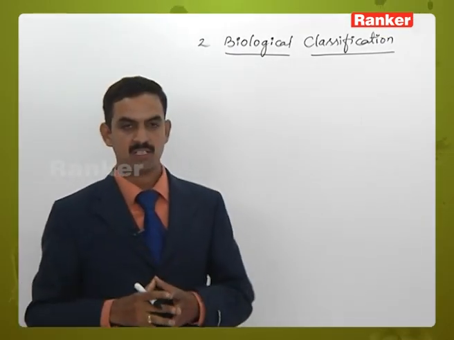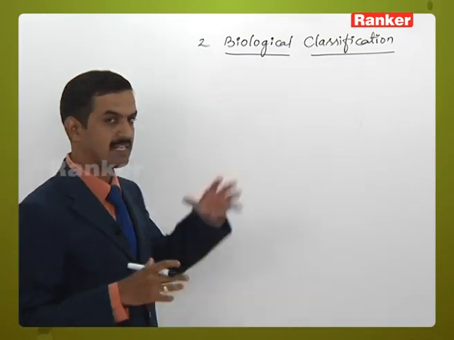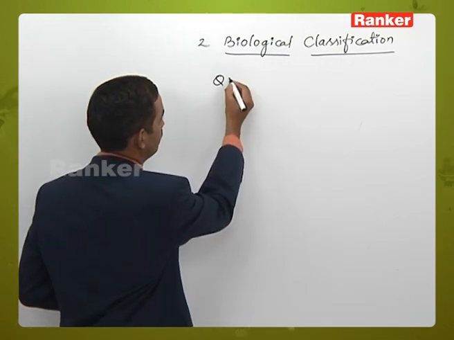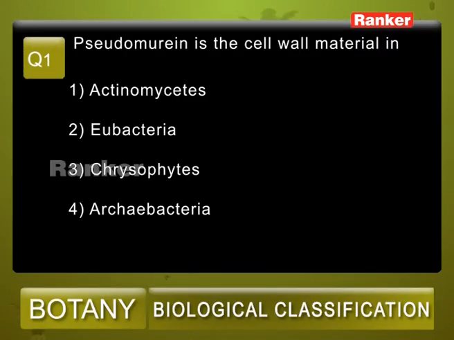Then let's come to the questions in this biological classification. That is first question. Pseudomurine is a cell wall material in. There are 4 options. Option 1, actinomycetes, 2, eubacteria, 3, chrysophytes, 4, archaebacteria.